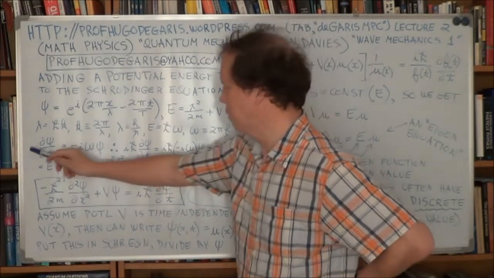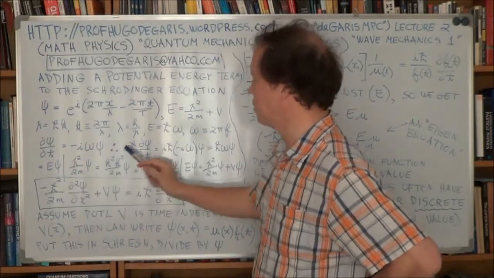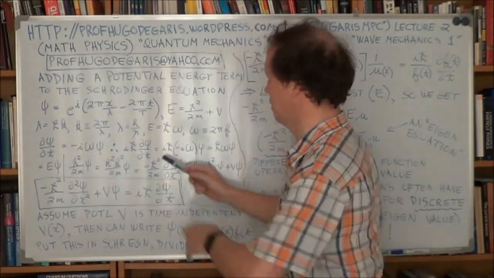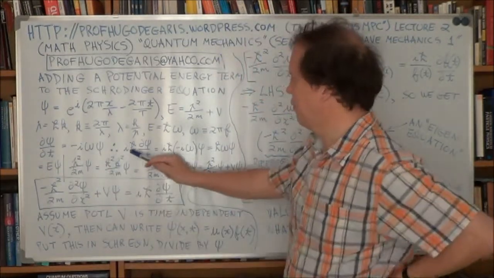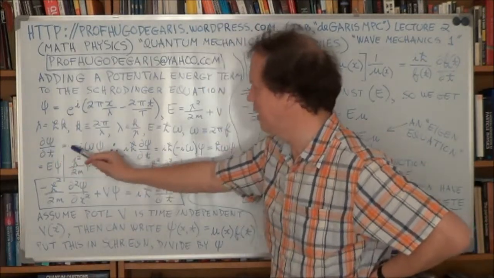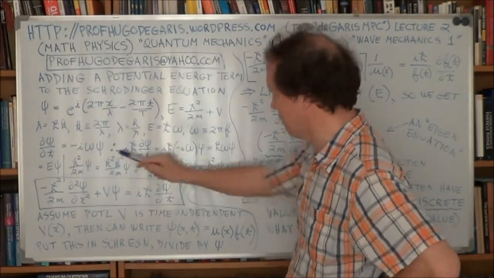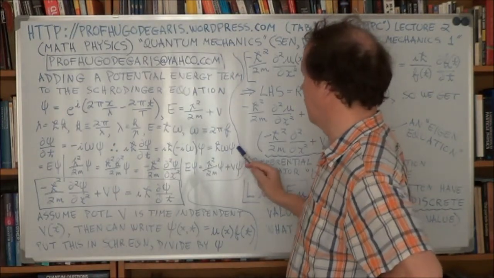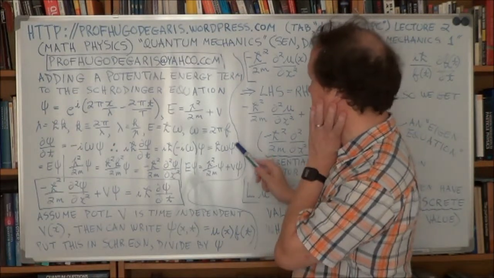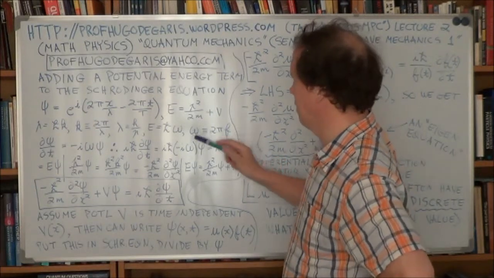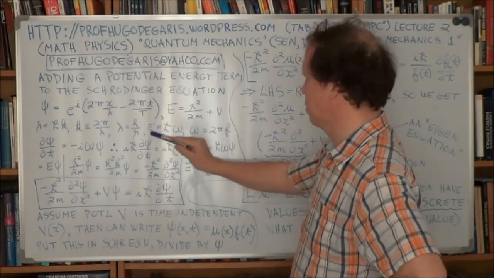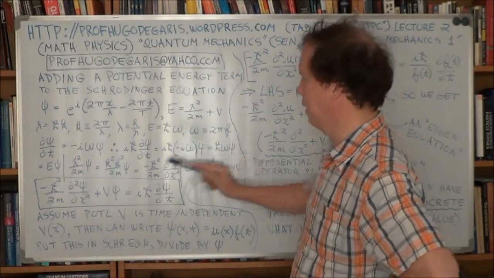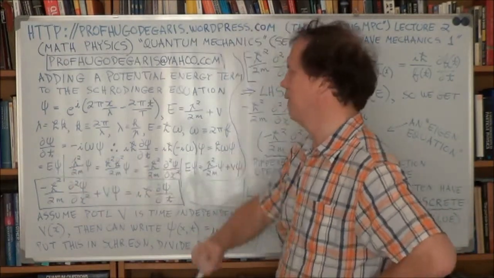Now, if I multiply both sides by i h bar, why do I do that? Well, because i h bar d psi dt equals i h bar times this, which gives you h bar omega psi, sorry. Now h bar omega, where is that? Here. So we just put an E here. So it equals E psi, right?